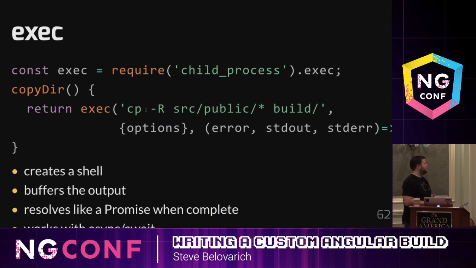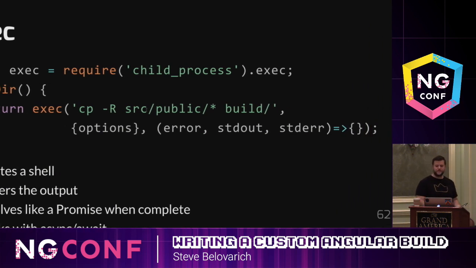And then we're going to have some method in our application that looks kind of like this, where we have a method called copydir, and we're going to return exec, and it's going to run this command. We can pass in options as a second argument, and then exec has a callback that gives us access to the streams that I outlined earlier. Well, actually 2 streams that I outlined earlier, stdout and stderr.